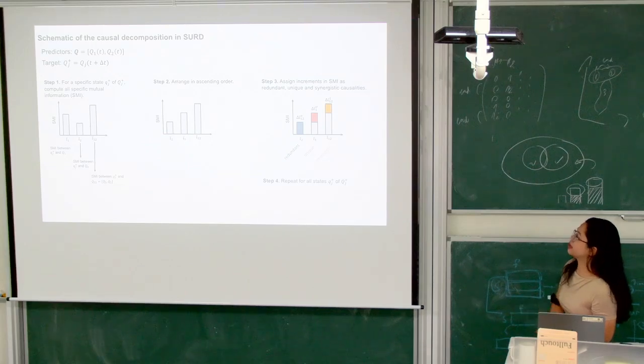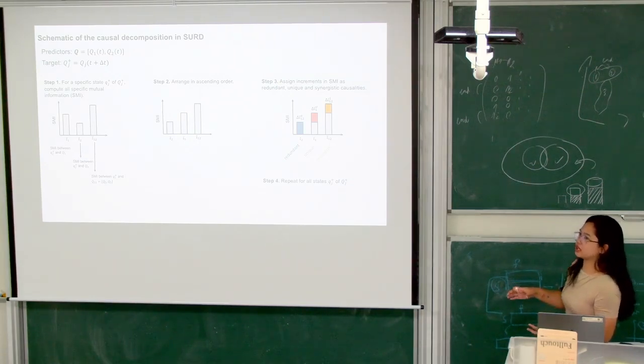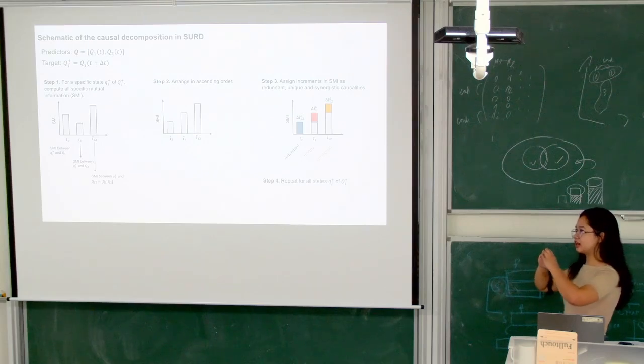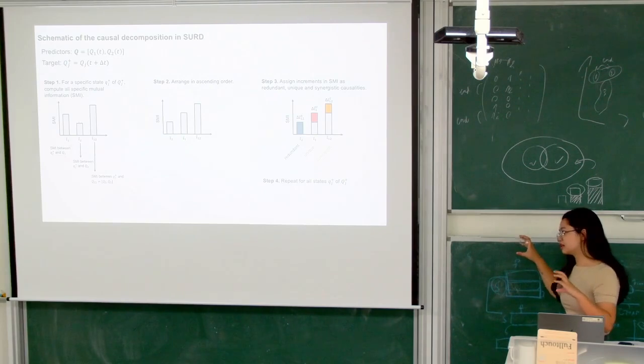Actually, you're right, but I think the only information they gave about that is that they assumed that the smallest, as I mentioned earlier, that the smallest causality is the baseline overlap of causalities among all the predictor variables.